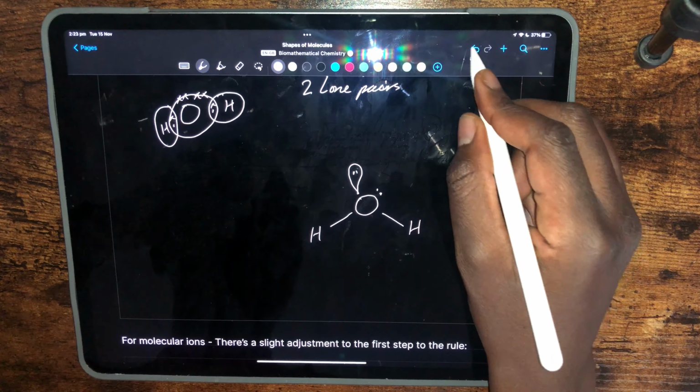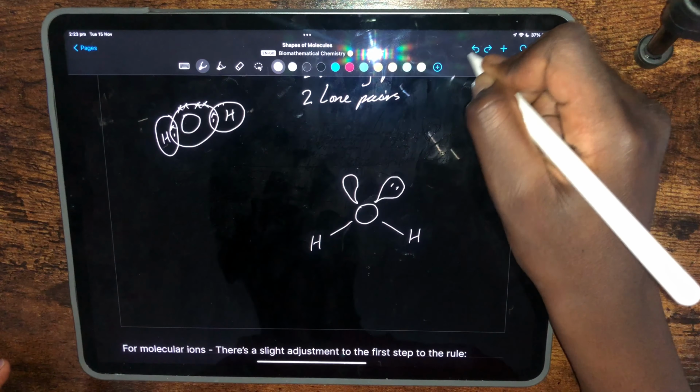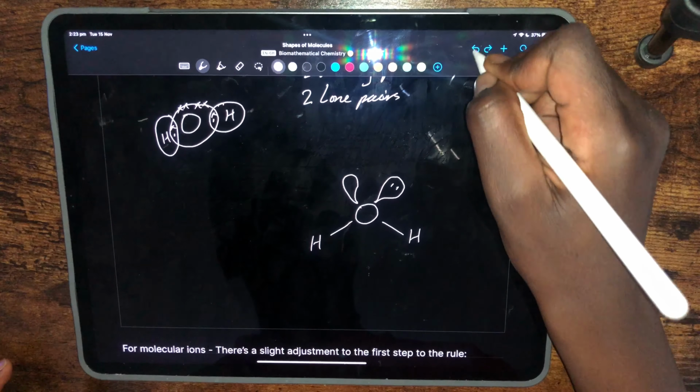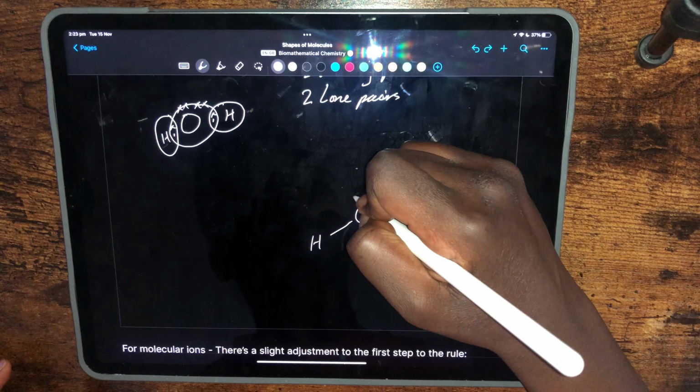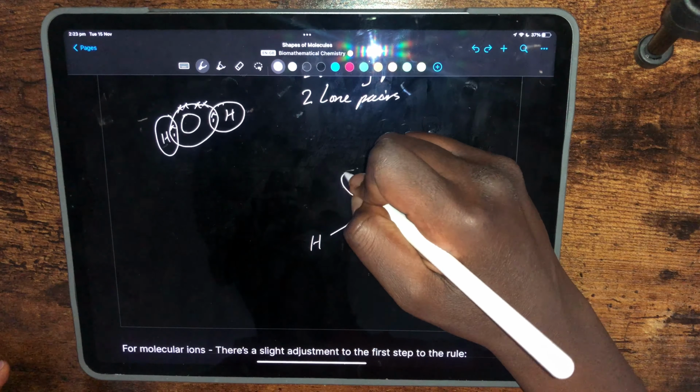That's just me personally. They won't take away a mark for drawing an electron cloud unless it looks really ugly. There we go. Two lone pairs, 2 bonding pairs.